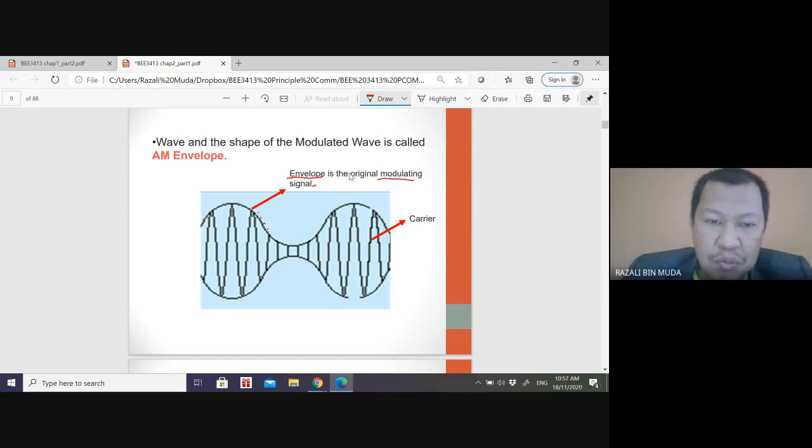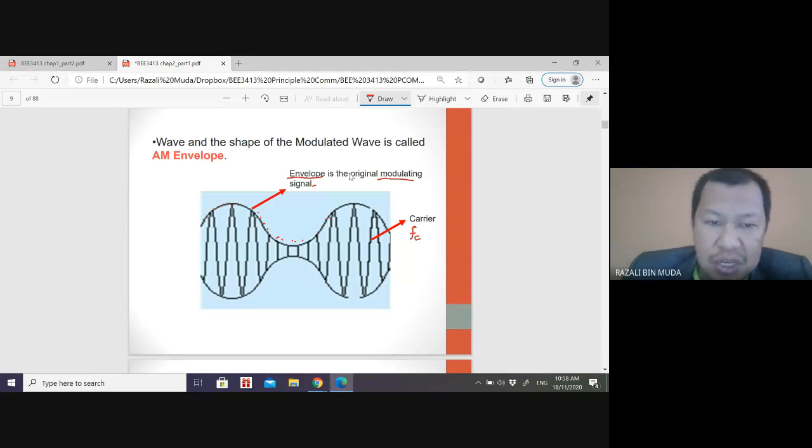Dalam oscilloscope line ni tak ada. Cuma kita letak imaginary line yang signal modulated signal ni dia berubah amplitude-nya mengikut envelope tu. Okay. So dalam case ni, the frequency of the signal is carrying the frequency of the carrier signal, FC.